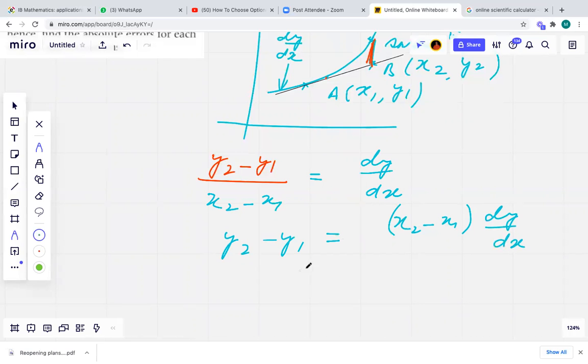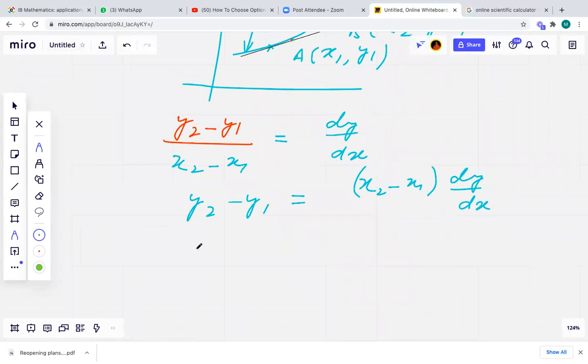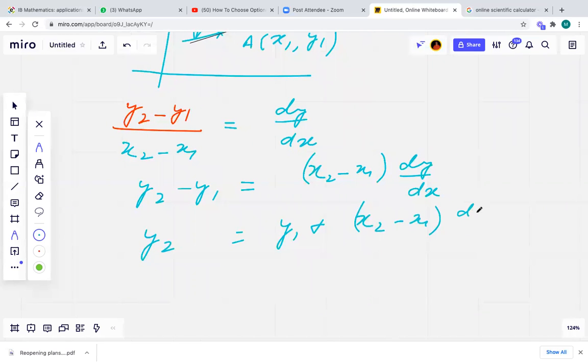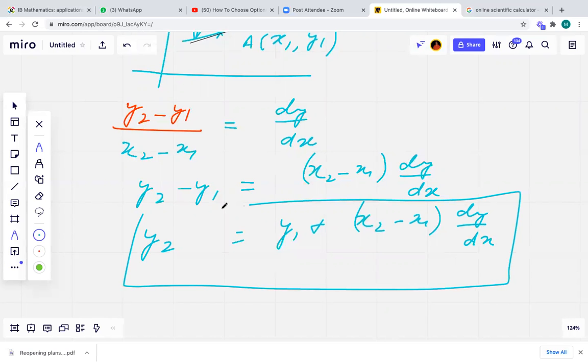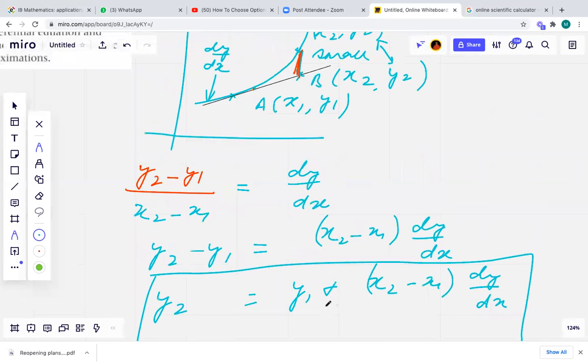Therefore y2 is y1 plus (x2 minus x1) dy by dx. Correct. Now this is my Euler's method.